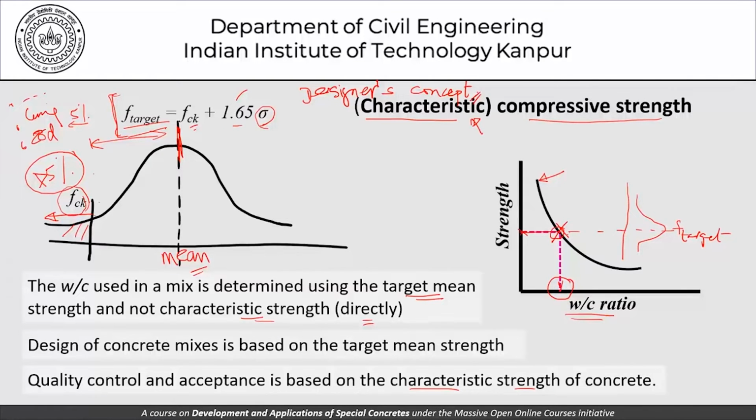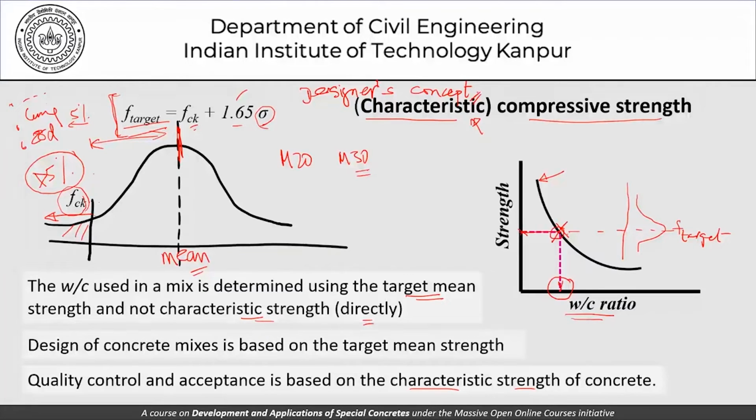As far as the designer is concerned, he or she is not even bothered about what the target mean strength was, so long as they know that we have designed a structure for M20 concrete or M30 concrete, meaning thereby that if it is M30, then the characteristic strength is 30. That means from that concrete mass, not more than 5% of those samples would be falling below 30 MPa. Now that is the essence of this discussion.